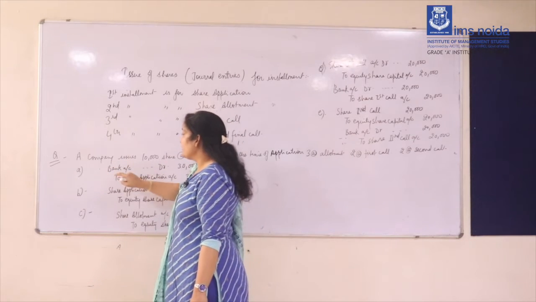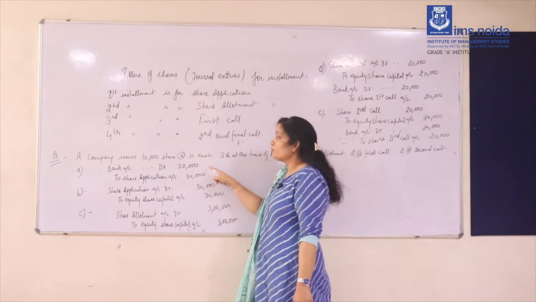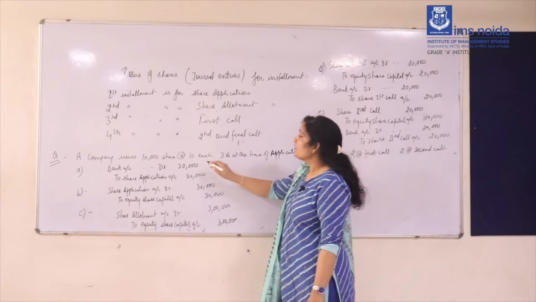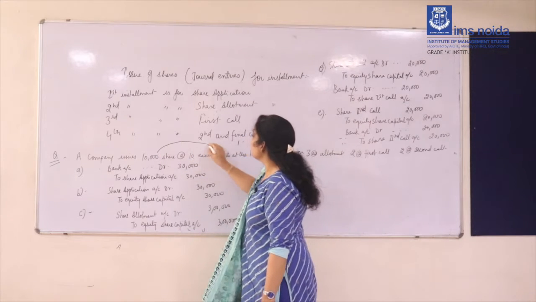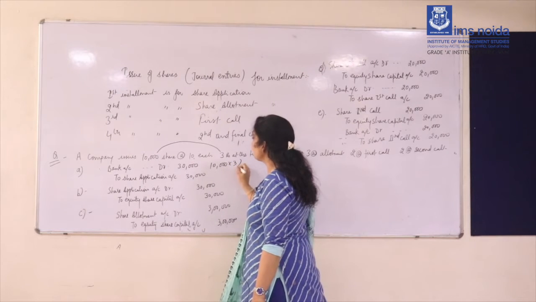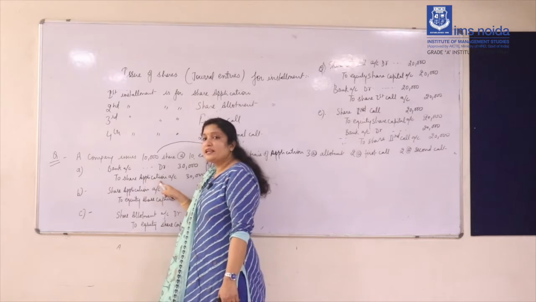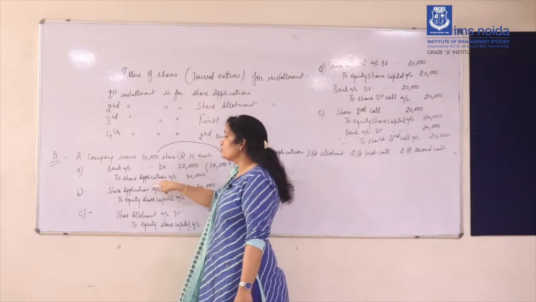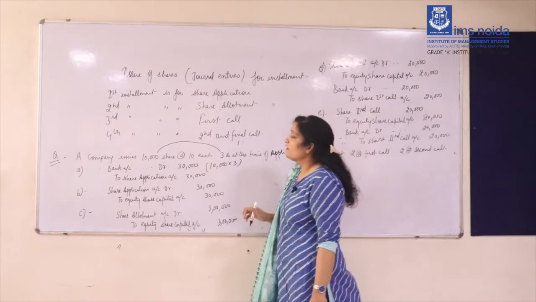The first entry is bank account debit, which is 30,000. How does this 30,000 come? It is 10,000 shares multiplied by 3, which gives 30,000, to share application account. Why did the money come into the bank? For the share application, which is 30,000.